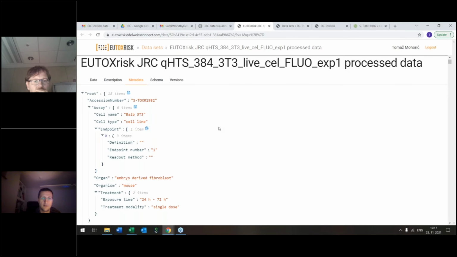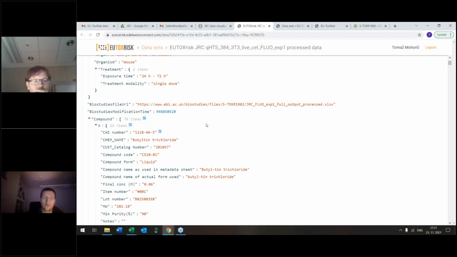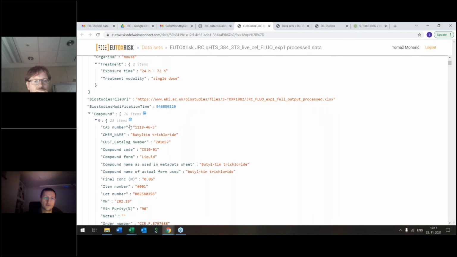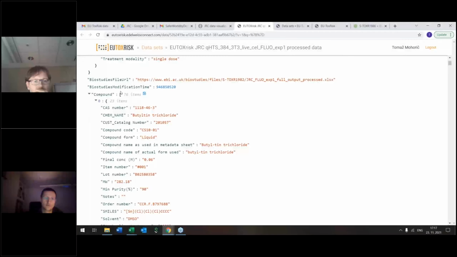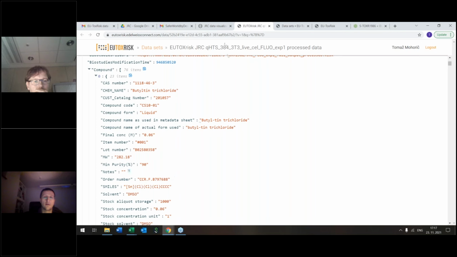Here we used JSON format, which is very flexible. So basically you describe all your assay, all your metadata in the form of key value pairs. And also, for example, compounds are stored here as a list where each compound has all the relevant identifiers defined, or for example lot numbers and so on.